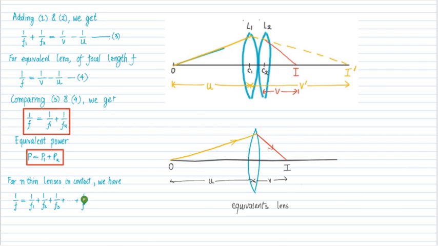So if n thin lenses are placed in contact, then the equivalent focal length can be written like this. It will be the sum of the inverses of all the focal lengths.